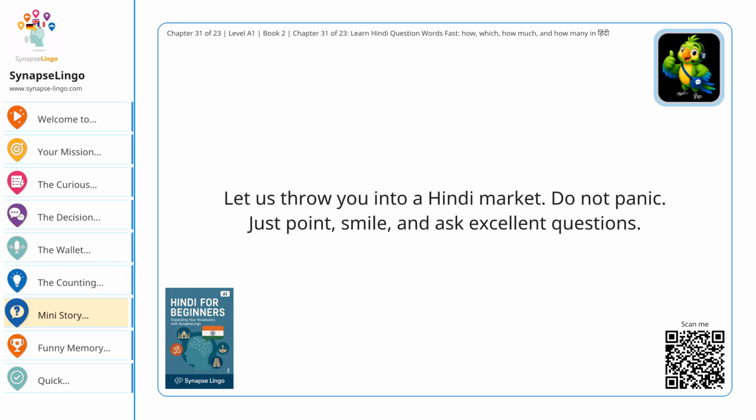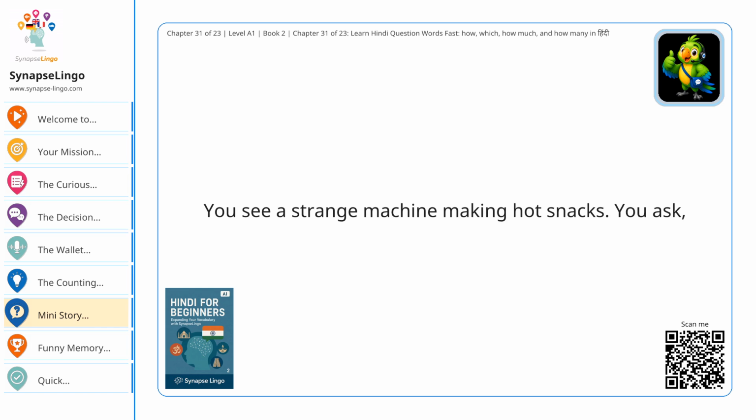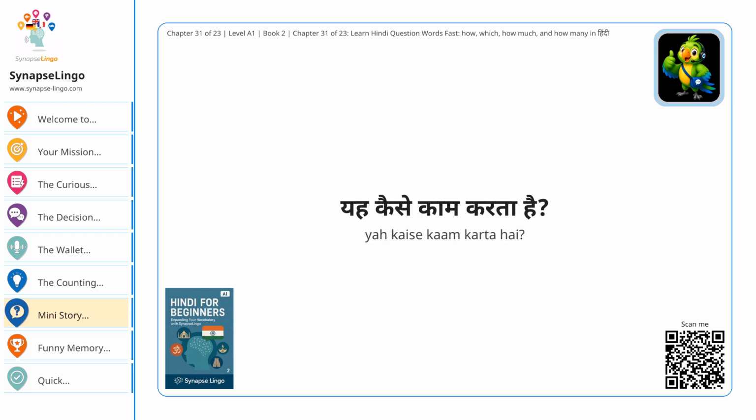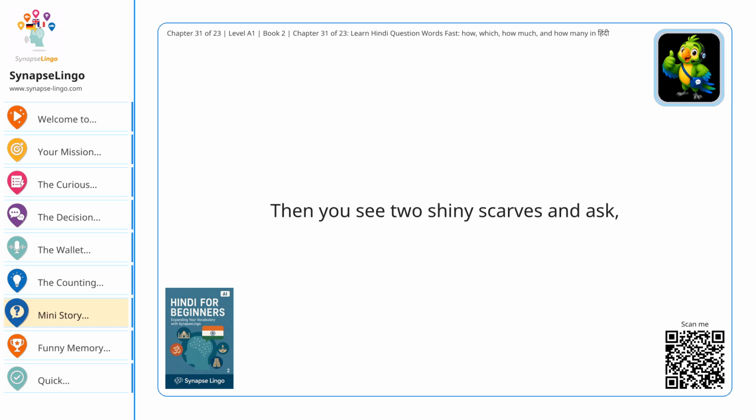Mini story in the market. Let us throw you into a Hindi market. Do not panic. Just point, smile, and ask excellent questions. You see a strange machine making hot snacks. You ask, ये कैसे काम करता है? Then you see 2 shiny scarves and ask, कौन सा? Is better?